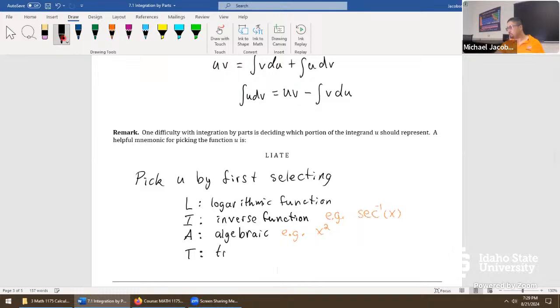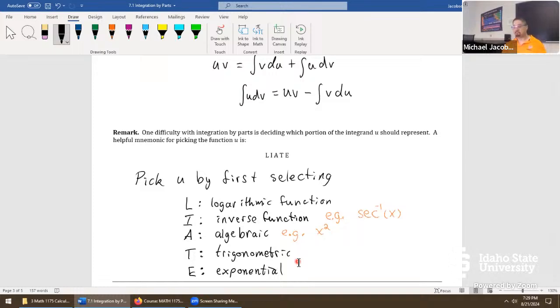So T for trigonometric. That is again confusing because that's trigonometric in nature, it just happens to be an inverse trig function. But by trigonometric, we mean sine, cosine, the other four trig functions is primarily what's meant there. And finally, E stands for exponential, such as, say, e to the x or maybe pi to the x.